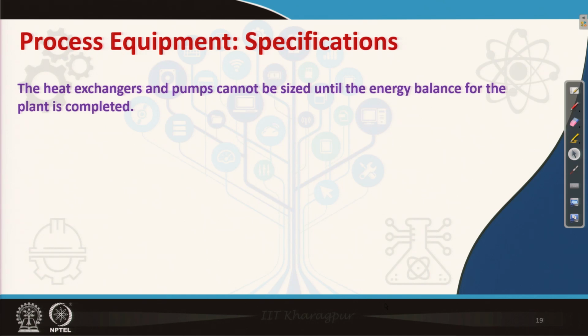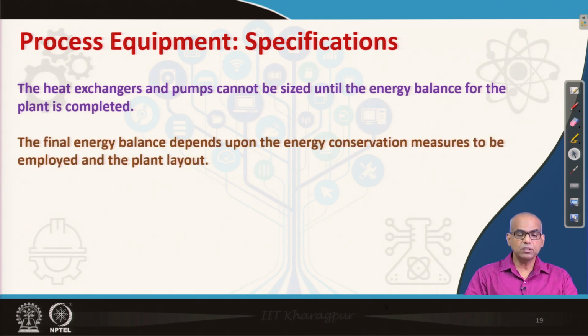Now, the heat exchangers and pumps cannot be sized until the energy balance for the plant is completed. The final energy balance depends upon the energy conservation measure to be employed and the plant layout.